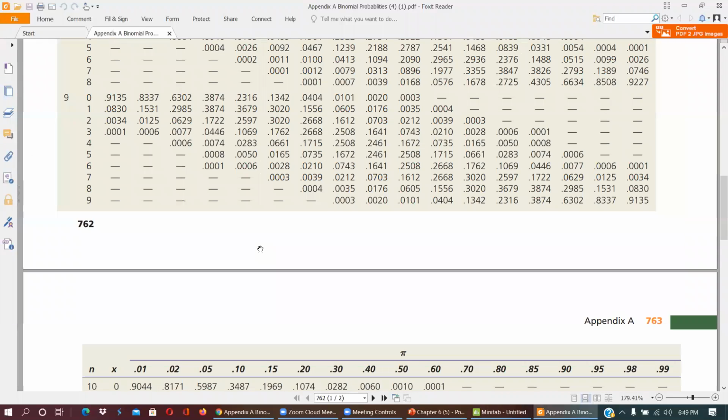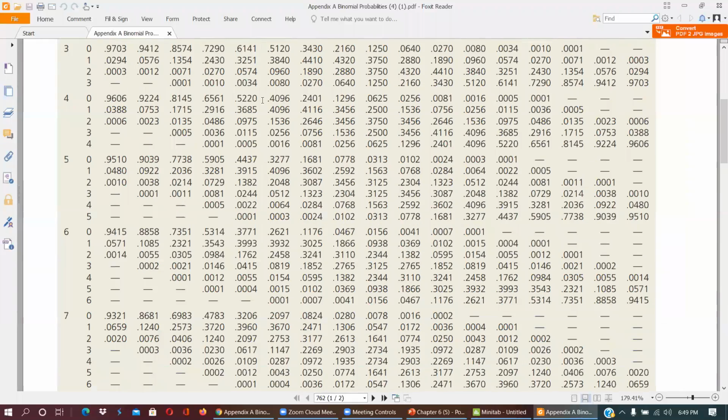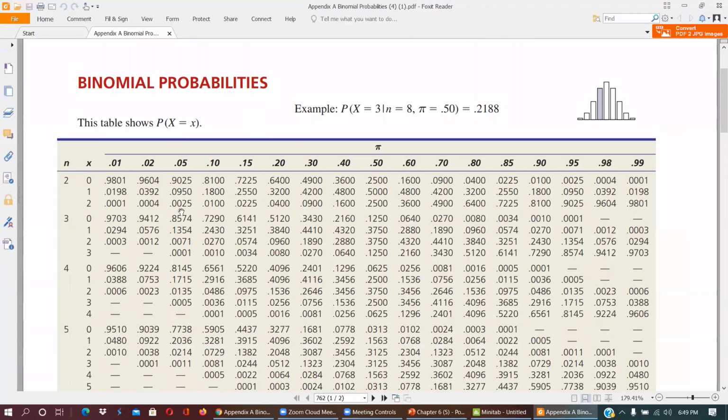And if you are interested, you can also do it manually. What is the case? We have n equal to 4, and this is the event 0 probability, event 1 probability, event 2 probability, event 3 probability, and 4.